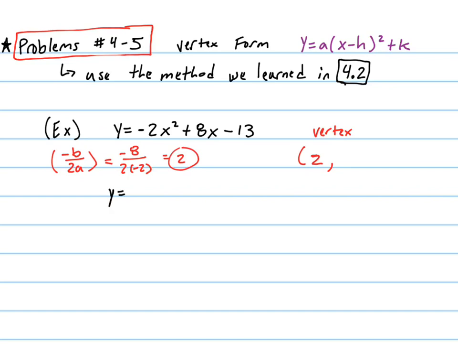So y equals negative 2 times 2 squared plus 8 times 2 minus 13. This is 4. 4 times negative 2 is negative 8 plus 16 minus 13. In this case, I get y to equal negative 5. So that means my vertex point is 2, negative 5.